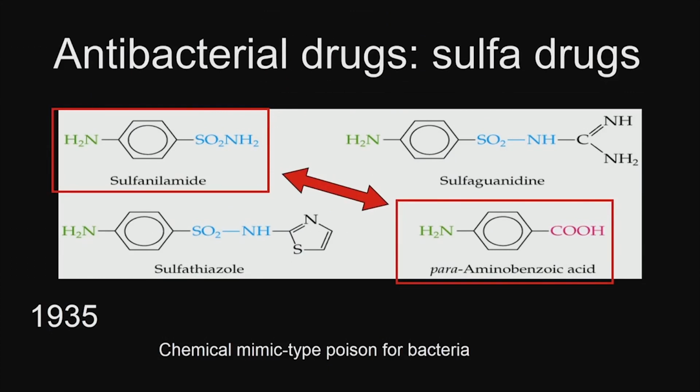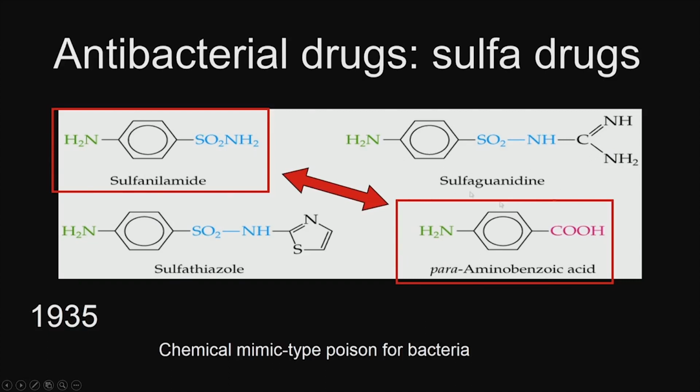More of antibacterial. These sulfa drugs were discovered very early. They have this sulfur group, that is why they are called sulfa drugs. So as you can see here, sulfanilamide. They have the NH2, so there is an amide group here, that is why it is called sulfanilamide. This is an aniline type of group.